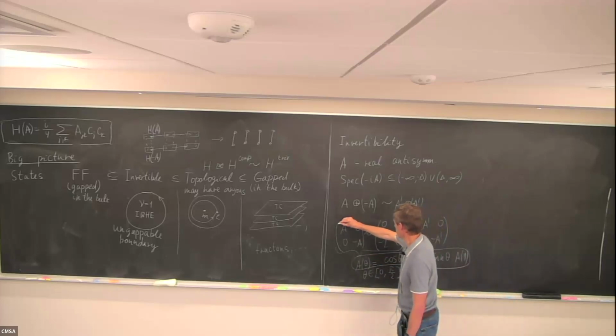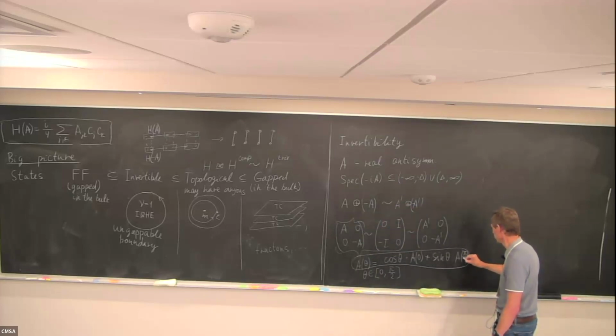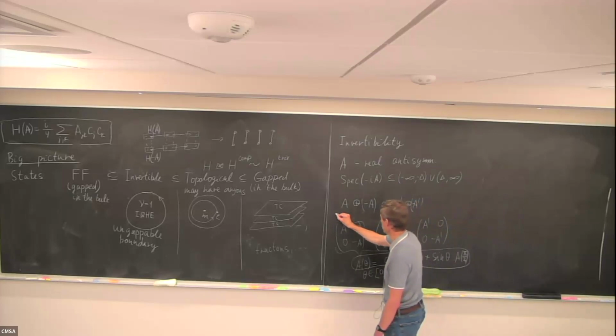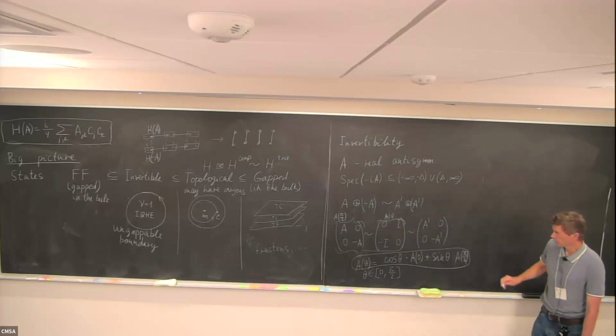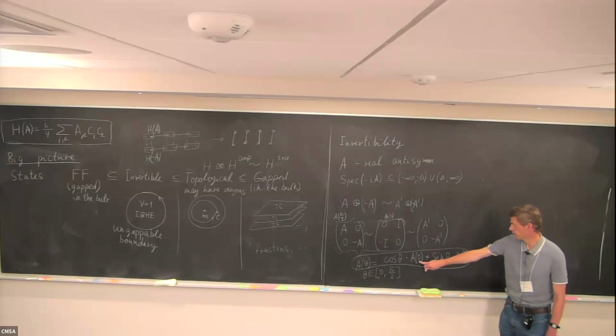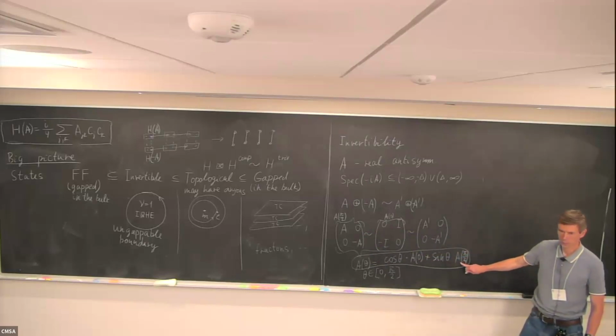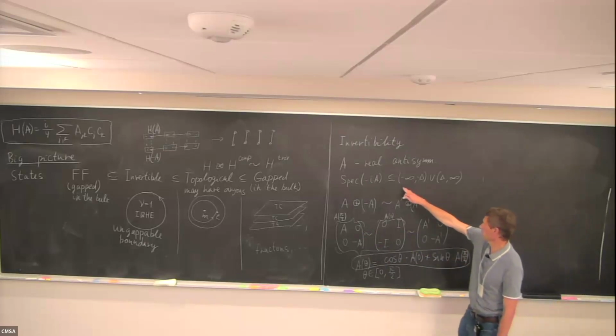And I want this to be O of pi over 2, not of 1. This to be A of pi over 2, and this to be A of 0. So this is a continuous path, and it could be constructed for any pair of matrices, A of 0 and A of pi over 2.